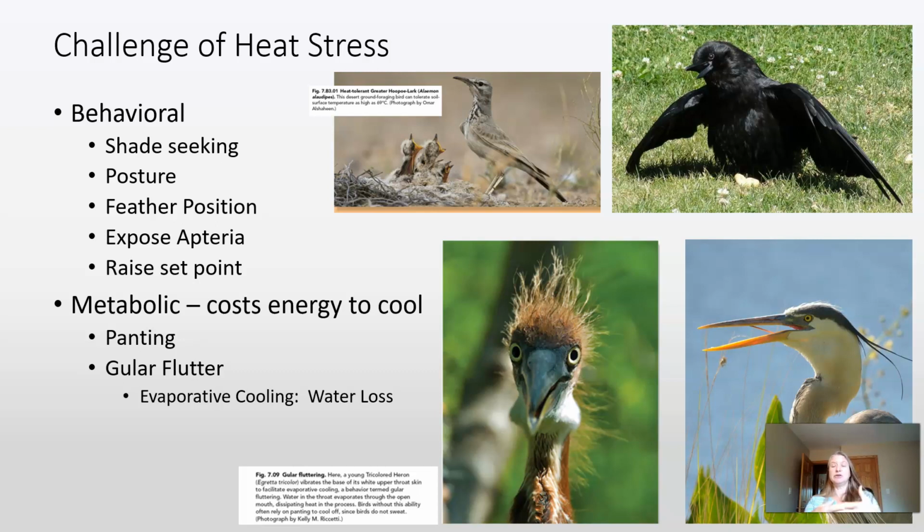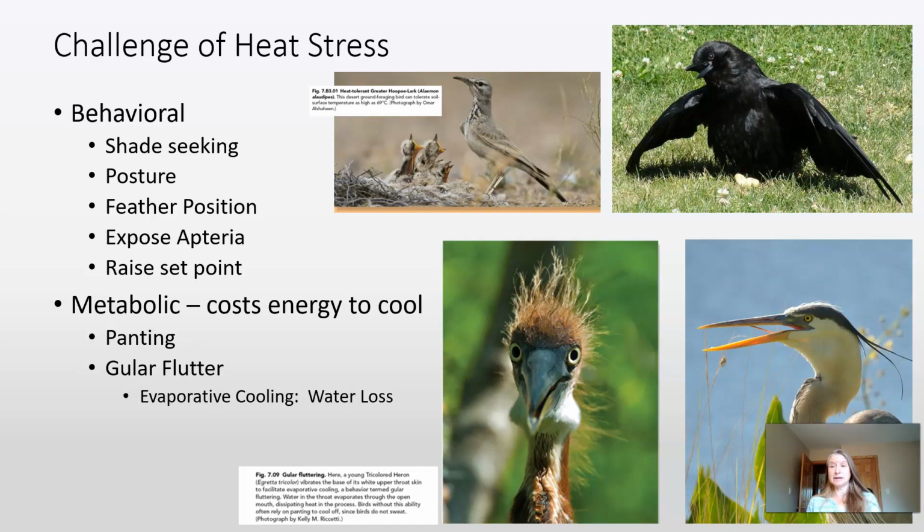However, they can loosen up their feathers to let more air escape. Exposing apteria, those are the featherless parts, the tracts without feathers on them. And another option that takes time and is not always possible is raising your overall set point, so you can become used to the temperatures that you're in.